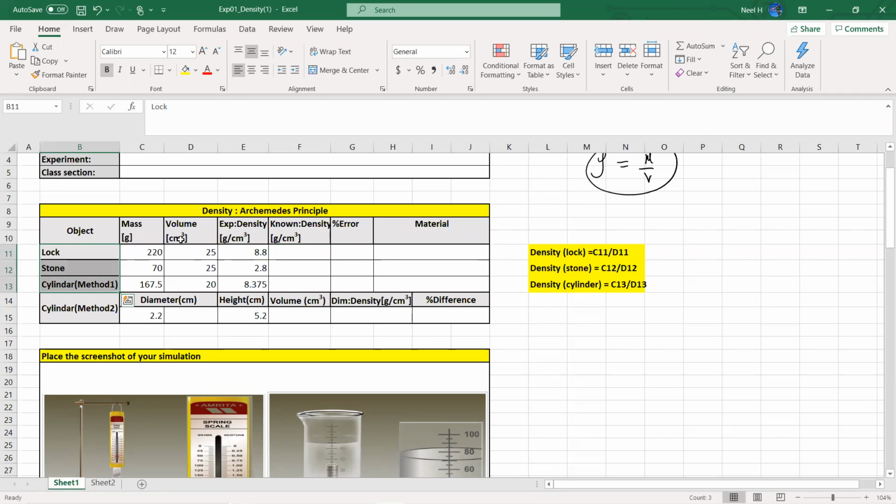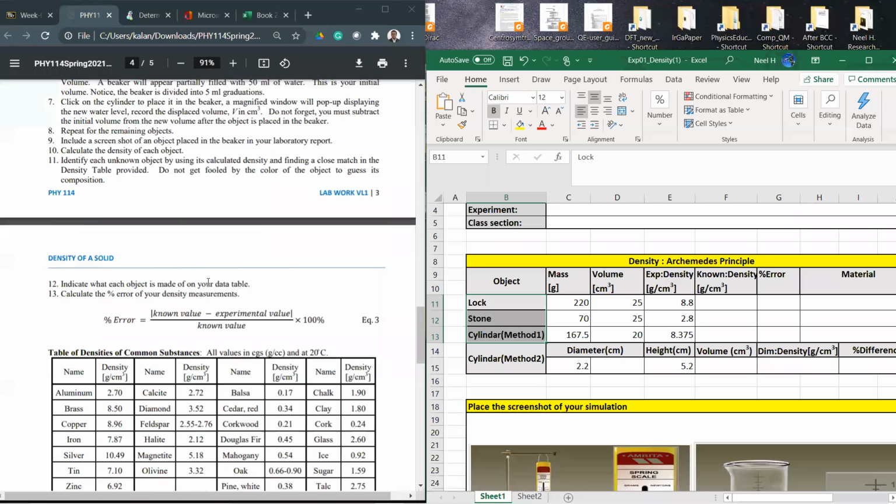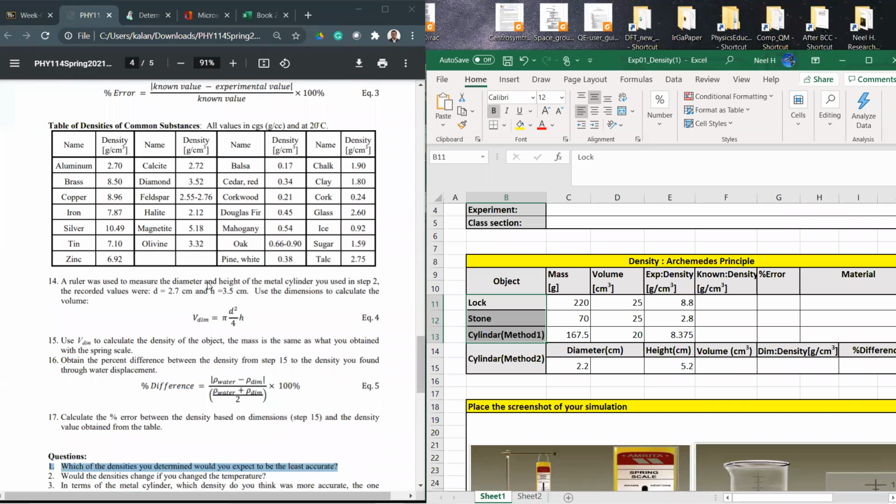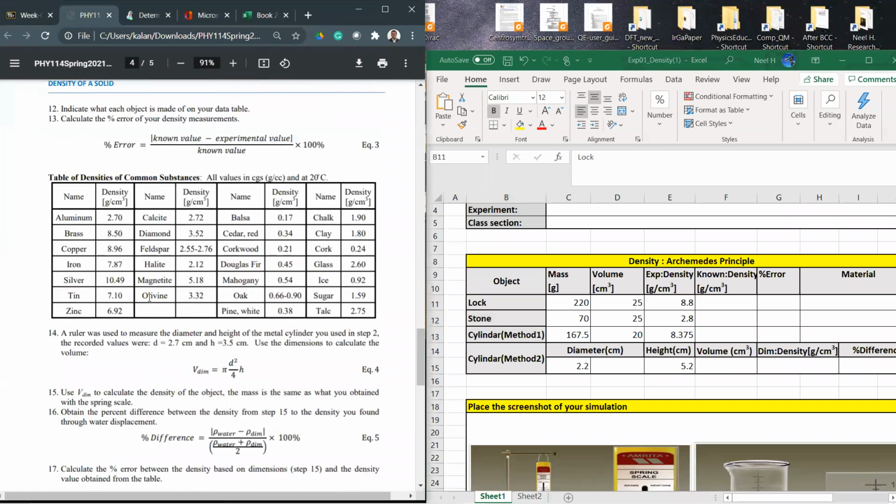That's what we're going to do next, okay? To do that, scroll all the way to page number 4 in your lab manual, and you will see a data table. That table shows you the known values of densities of different elements and different materials, okay? Now we can compare the numbers we got to the table.